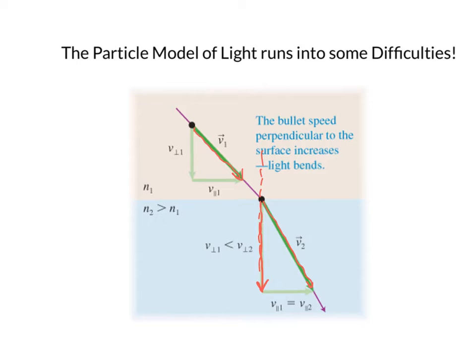That doesn't make sense, because this is supposed to be the more optically dense medium, and the light shouldn't speed up like it's doing here. It should slow down, like from air into water or air into glass. So that doesn't make sense. That's the first issue with the difficulties of the particle model of light.